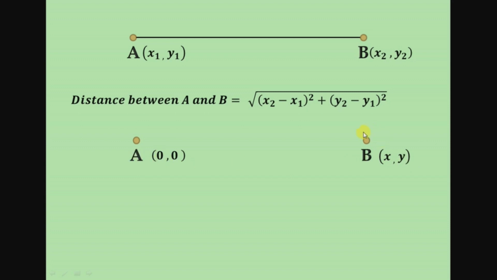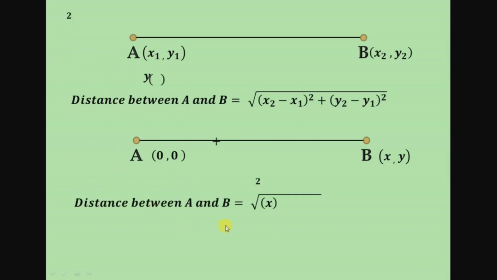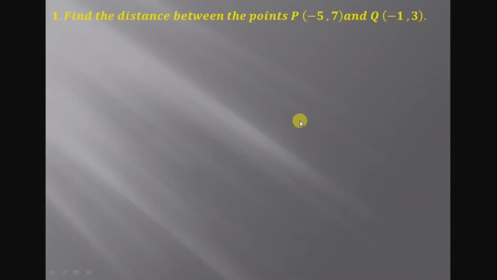Or we can say the distance of any point from the origin is given by the formula square root of x square plus y square. So the distance of any point from the origin is given by the formula square root of x square plus y square.